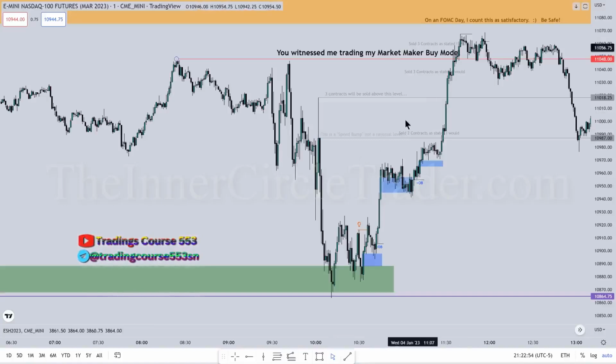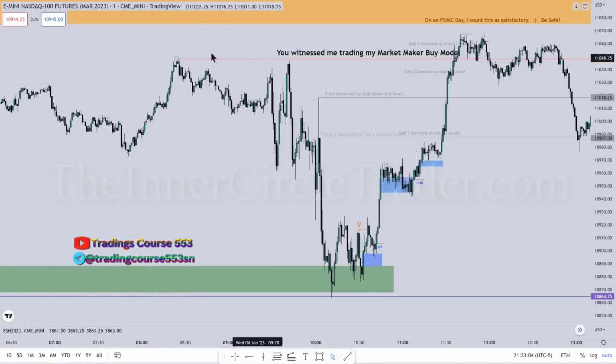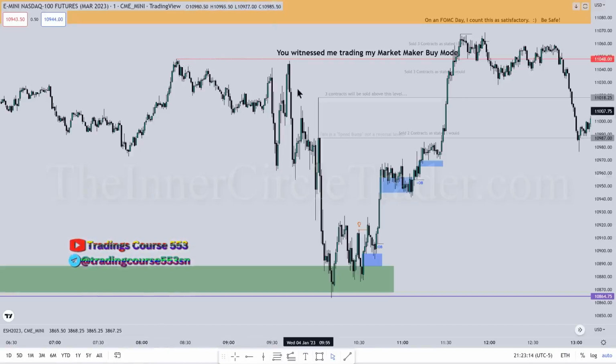So while it is a little too busy here, I'll clean it up when we get to the need for doing so. But right now, it needs to be there for context. So we left buy side liquidity, that's buy stops, above these relative equal highs. Now, traders are taught that this is resistance. So therefore, lower prices should be expected. And we did. We had lower prices, but down to a level of a discount.